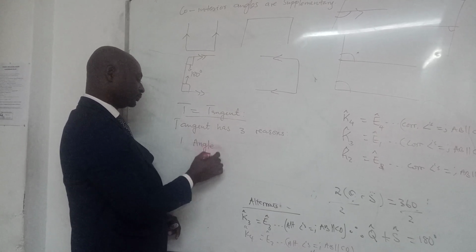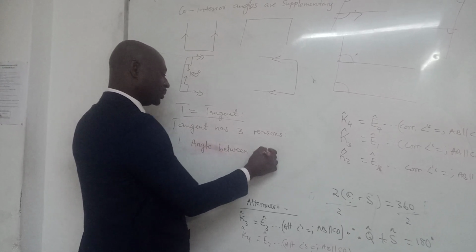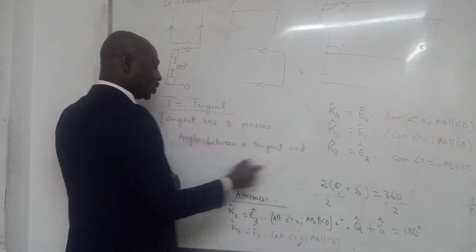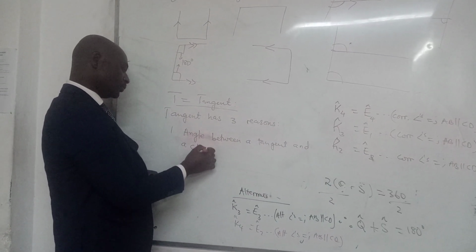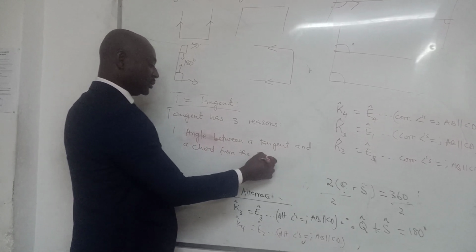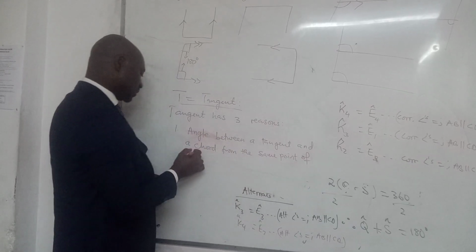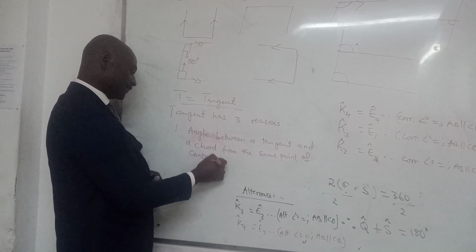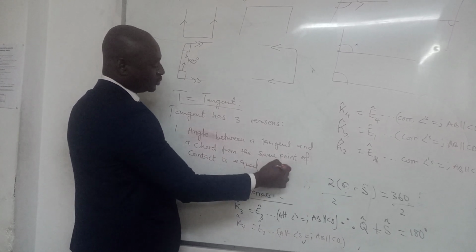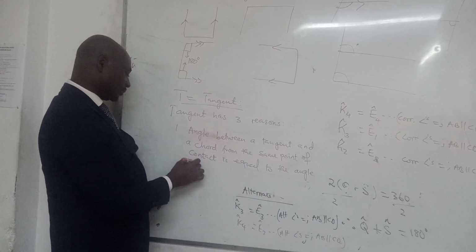Angle between a tangent and a chord from the same point of contact is equal to the angle in the alternate segment.